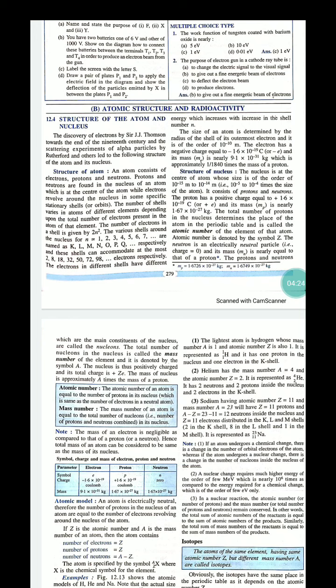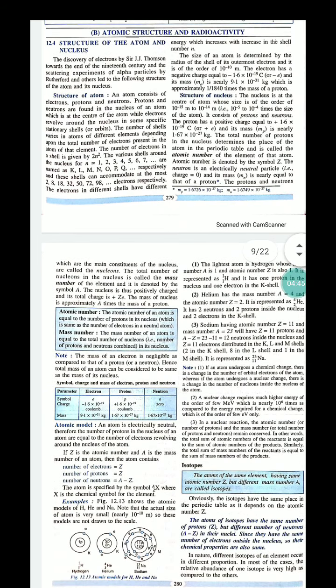Now mass number. The sum of the numbers of neutrons and protons inside the nucleus of an atom of any element is called the mass number, capital A. Mass number A equals number of protons plus number of neutrons, or mass number equals atomic number plus number of neutrons.